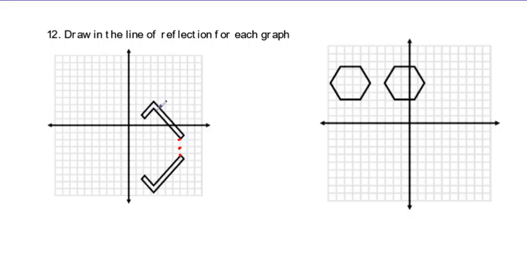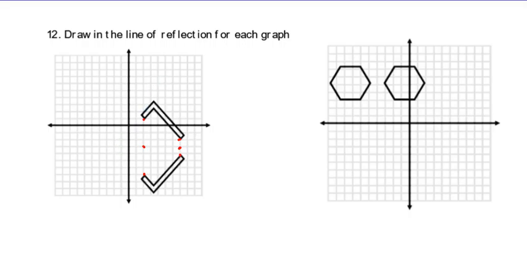If you doubt yourself, find another 2 points. Count how far apart they are: 1, 2, 3, 4, 5, 6, 7, 8. Halfway would be 4. And that lines up with this also.